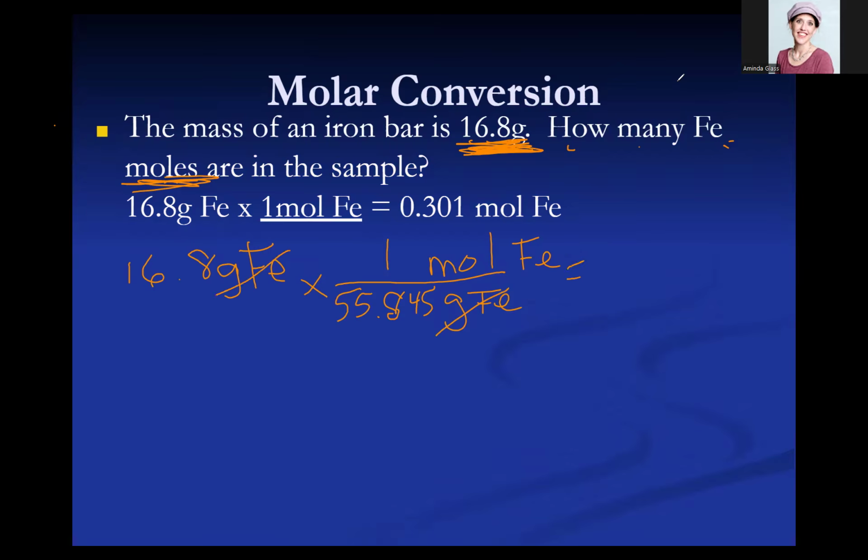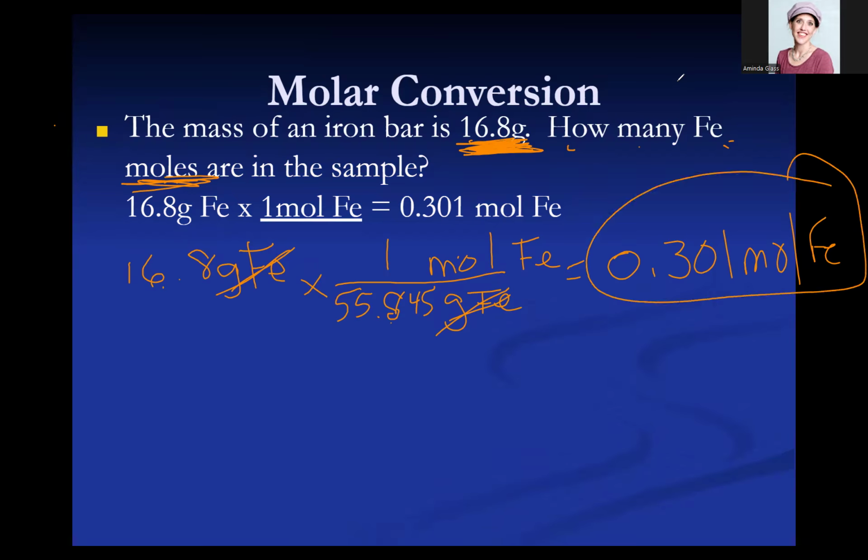So now, if I want to know how many moles are in 16.8 grams, it's 16.8 times 1 divided by 55.845. My grams have canceled out. So that gives me 0.301 moles of Fe. I could even calculate how many atoms of iron I have if I wanted to, just with that information.